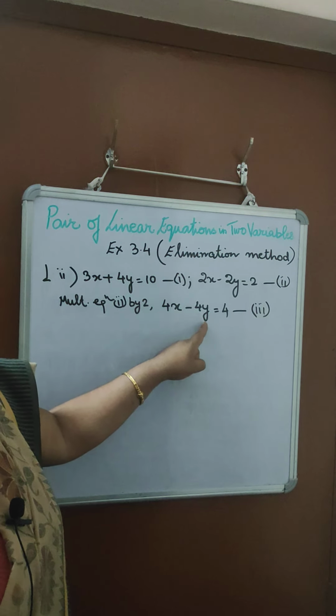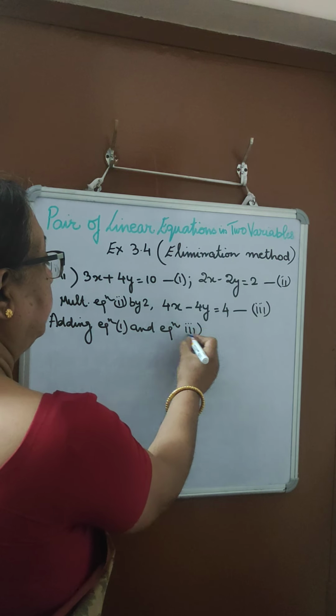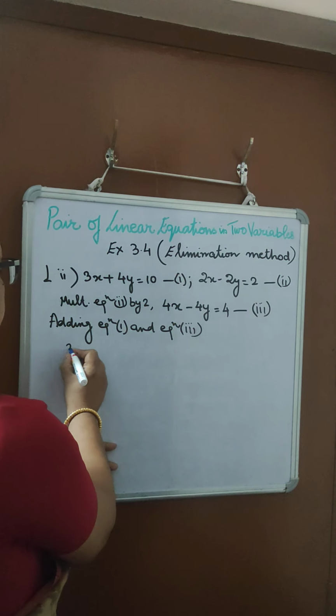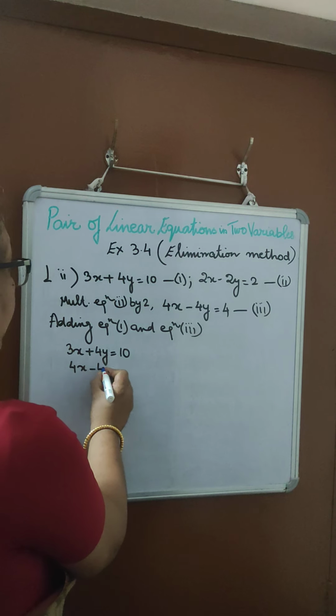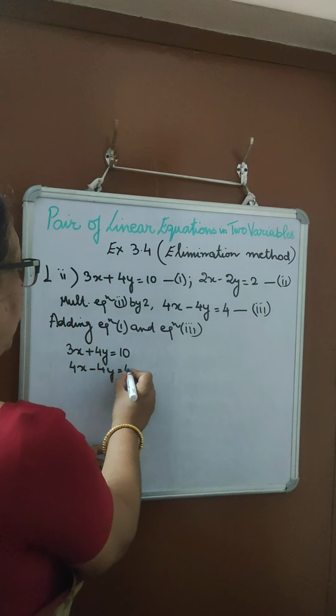So you can write: adding equation 1 and equation 3. Equation 1 is 3x plus 4y equal to 10, and this one is 4x minus 4y equal to 4.